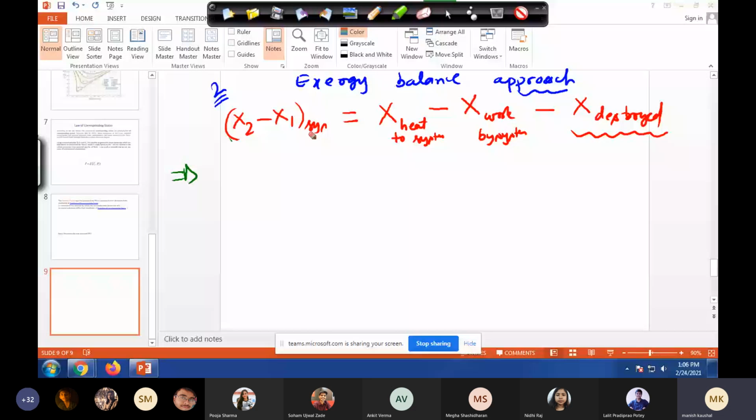Now let's see what we need to know for this equation. First of all, can anyone comment on the system? What should we take as the system? We are talking about the engine. So the engine. What is x2 minus x1 of the system for the engine? Anyone?